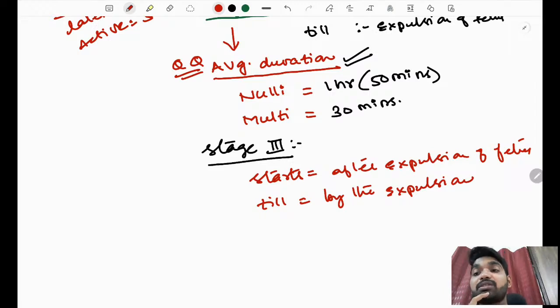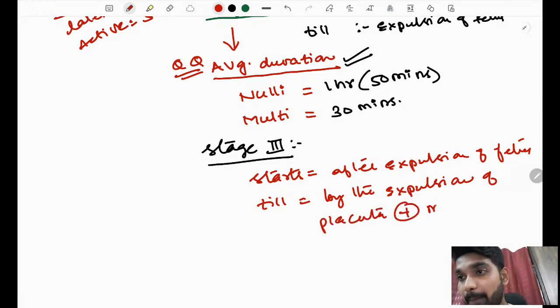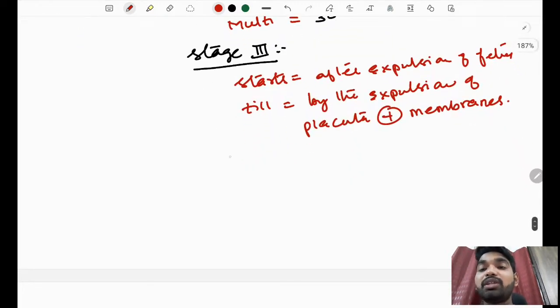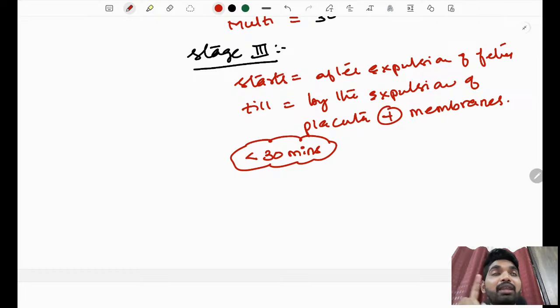Third stage of labor starts after expulsion of fetus and lasts till the expulsion of placenta and membranes. Okay, and what is the duration here? The duration should be less than 30 minutes. Okay, in every woman, third stage of labor should be less than 30 minutes.